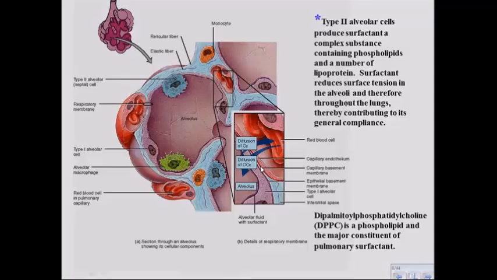We'll talk about it in a moment. So the other two cell types are type 1 alveolar cells. Those are the simple squamous epithelia that actually make up the alveoli. They make up the little tiny sacs. And then type 2 cells, they are the septal cells that make surfactant.